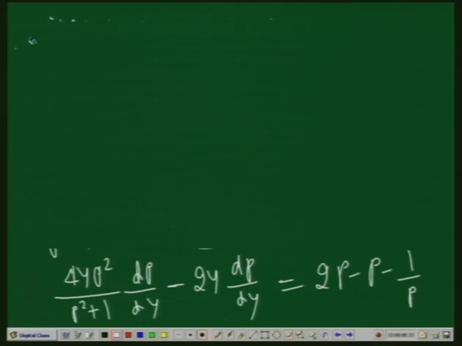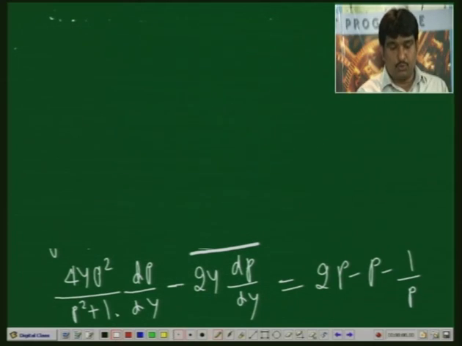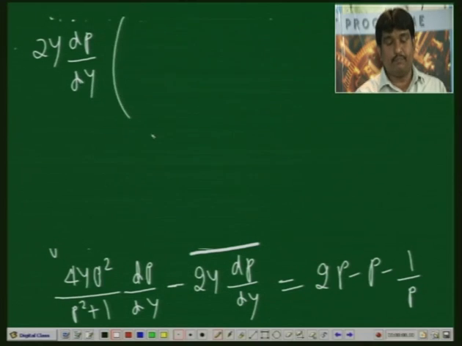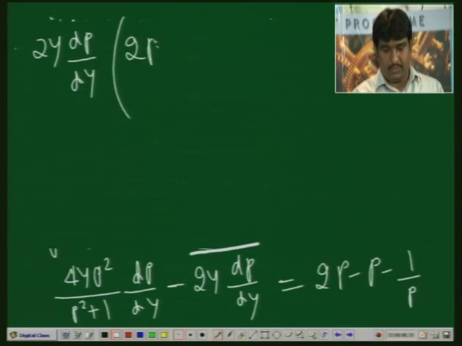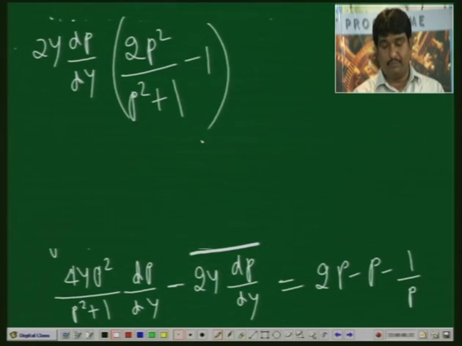Consider these two terms: you can see 2 is common, y is common, dp by dy is common. So if you take 2y into dp by dy outside, you will be left with 2p square divided by p square plus 1 minus 1.